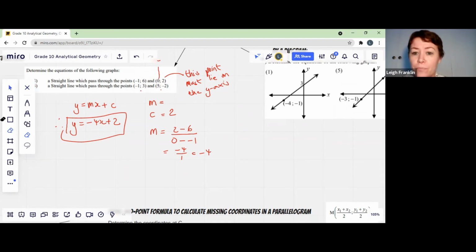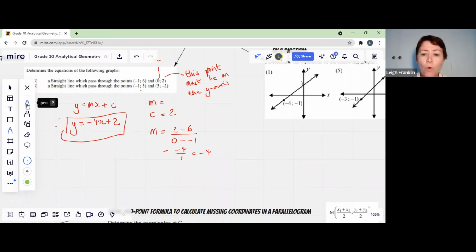What do you think, grade 10s? No, quite right, Phoebe, it's not provided. So that's how we've got to look at this and understand what they're telling us.